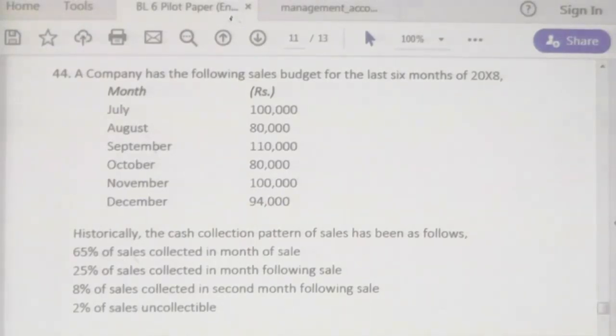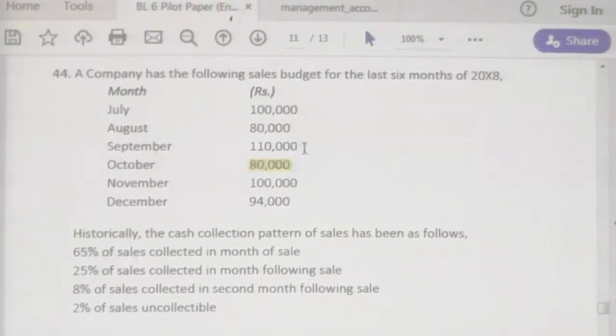Now, the question is, what is the expected cash collection in October? To calculate this, we need to prepare the cash budget for these 3 months, especially for cash collection. Now they are asking, what is the cash collection of the month of October?